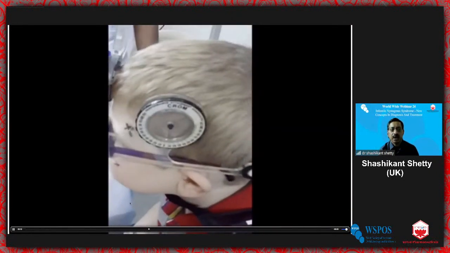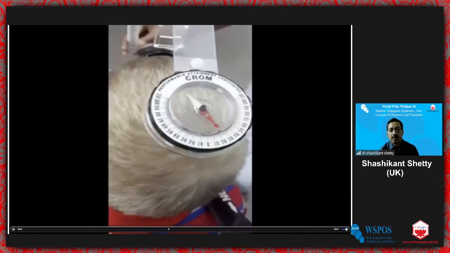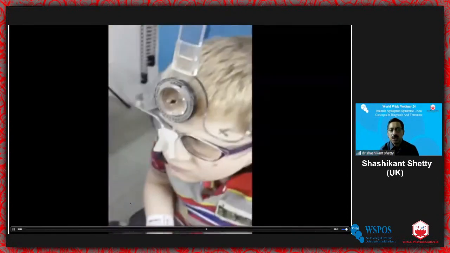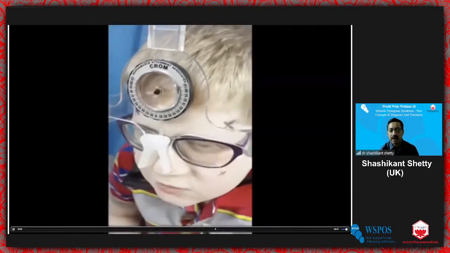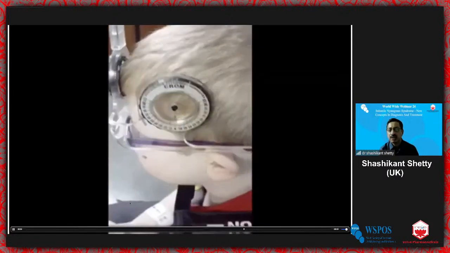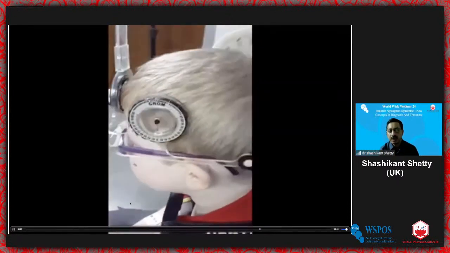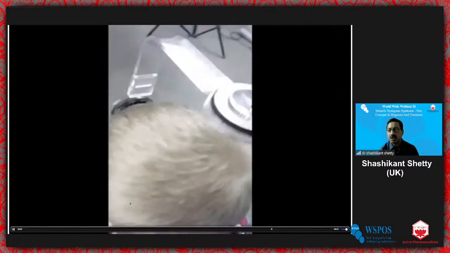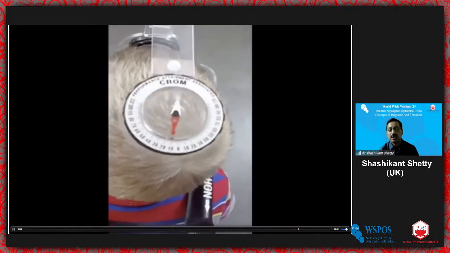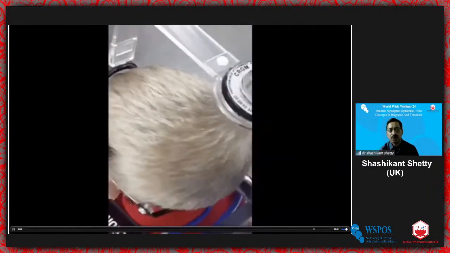It measures the head posture in all three axes: horizontal, vertical, and also the tilt. We usually use it for measuring, and it's very accurate. We use the golden fixation stick when we assess the head posture for near, and for distance we use the Snellen chart. The patient is accurately resolving the Snellen chart, and we measure the head posture.